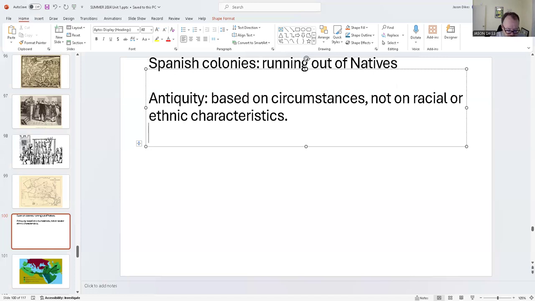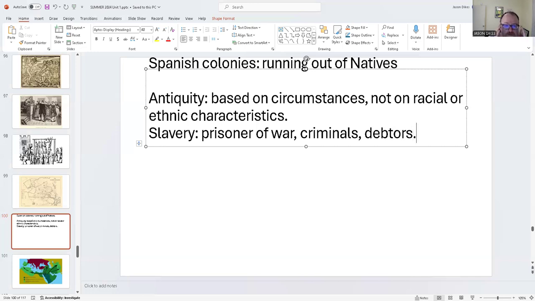So you might have slavery based on prisoners of war, criminals, or debtors, debt slavery. And if you look at Roman slavery, Greek slavery, the slavery you're familiar with in the Bible, probably, that is slavery based on circumstances, not on an easily identifiable racial or ethnic characteristic.